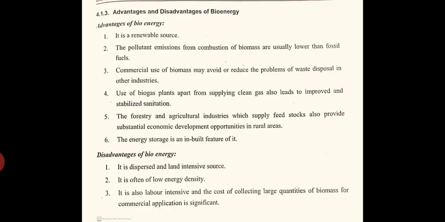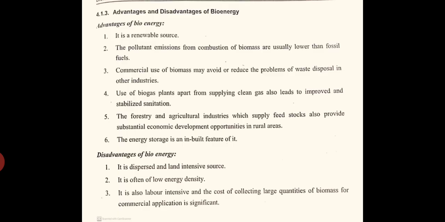Use of biogas plants, apart from supplying clean gas, also leads to improved and stabilized sanitation. Biogas is produced from commonly occurring waste products, vegetable waste, everything is converted into biogas. So if we are promoting biogas, then indirectly we are creating clean cities.